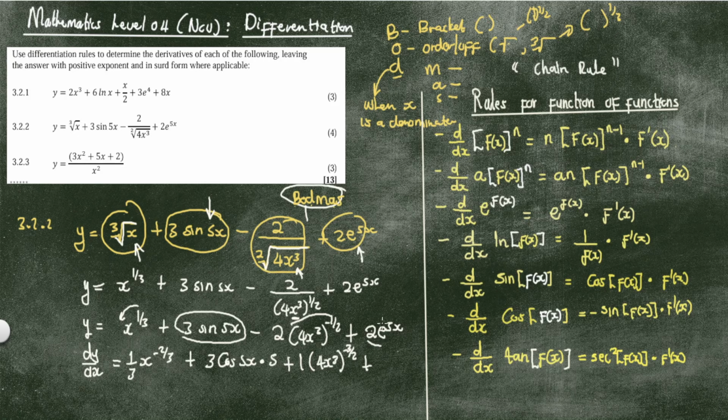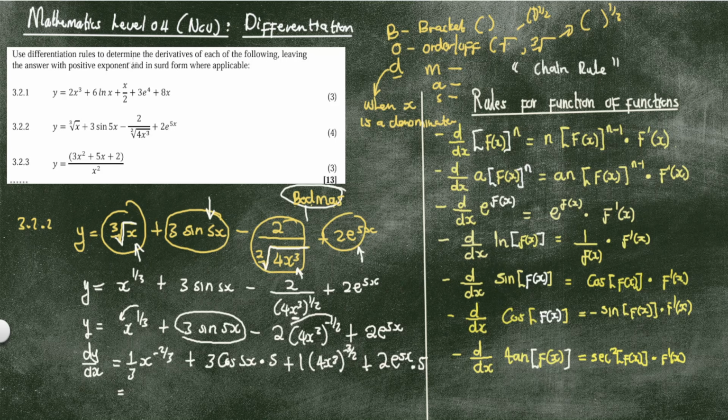Plus the derivative of this, it's just 2e^5x multiplied by 5. We are done differentiating. All we have to do is leave our answers with positive exponents and in surd form.